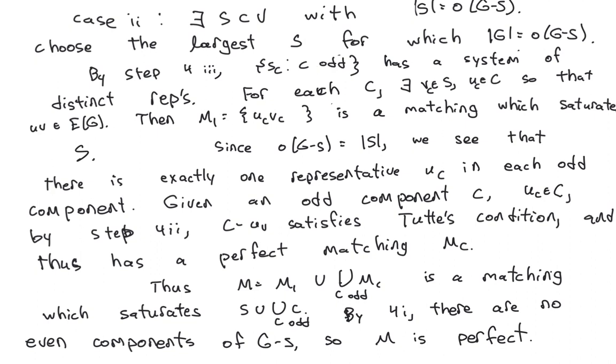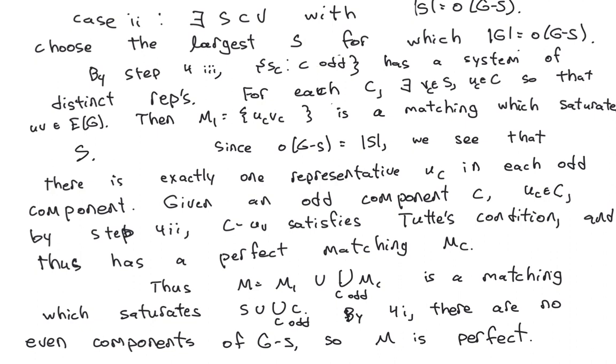All right. And since the number of odd components is the size of S, we see that there's exactly 1 representative in each odd component. Given a specific odd component and its representative, by step 4.2, deleting that representative from the component gives a new graph that still satisfies Tutte's condition and thus has a perfect matching.